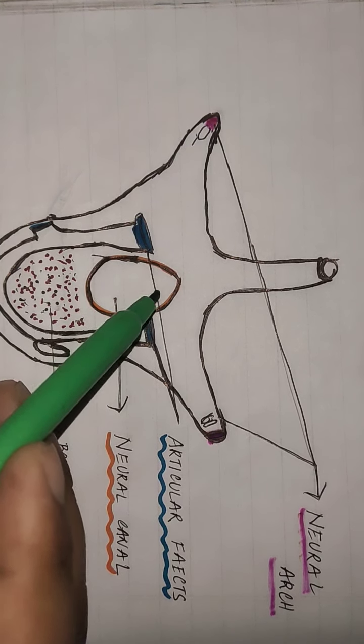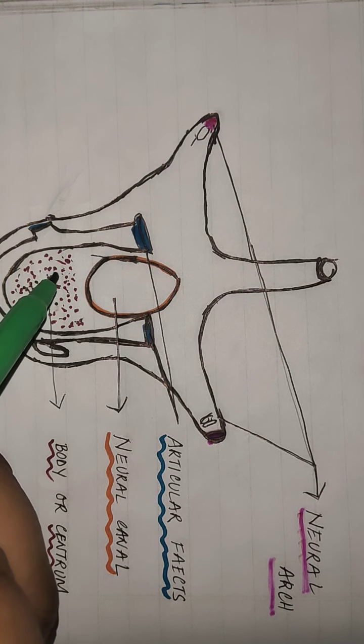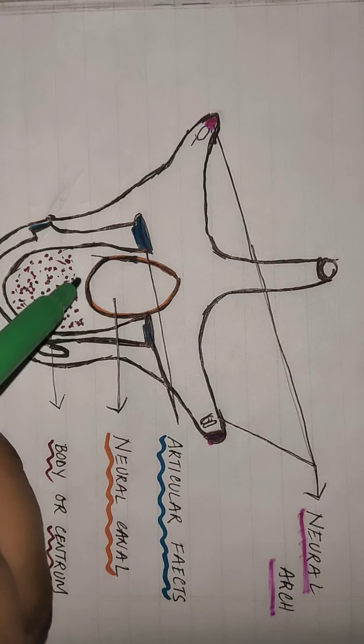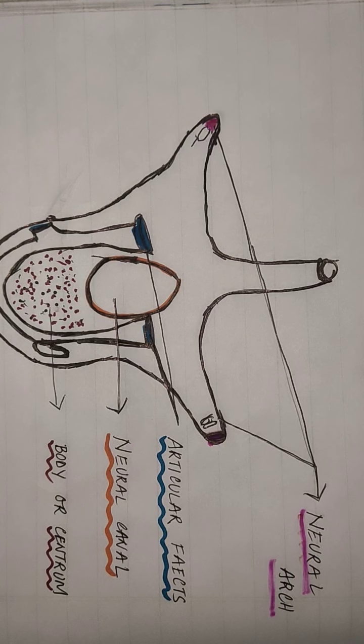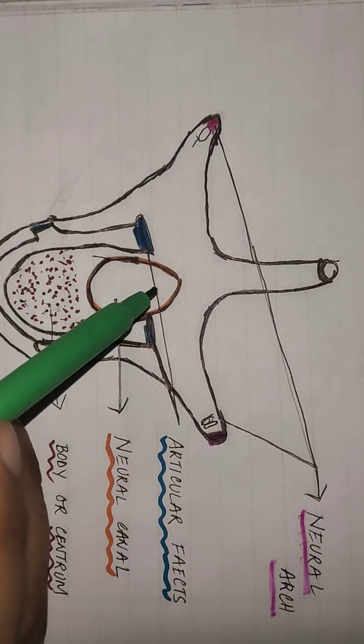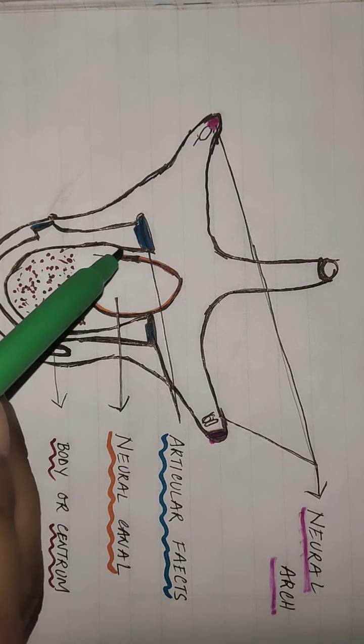Each vertebra has a body, which consists of a large middle portion known as the body or centrum. They have a big portion over here, that is the body or centrum. It has the presence of a pore over here, a small hole.